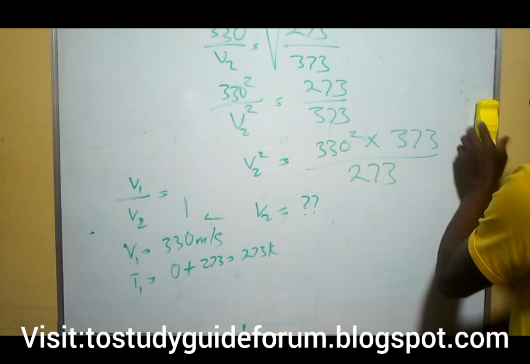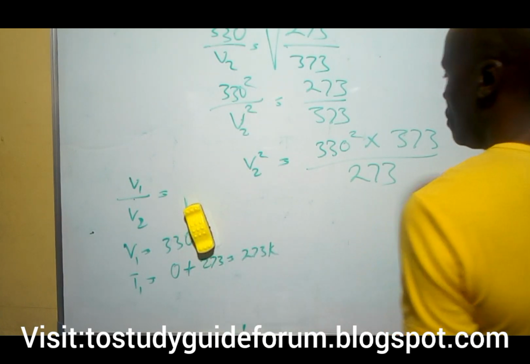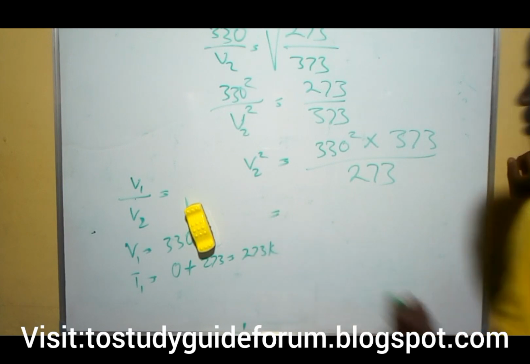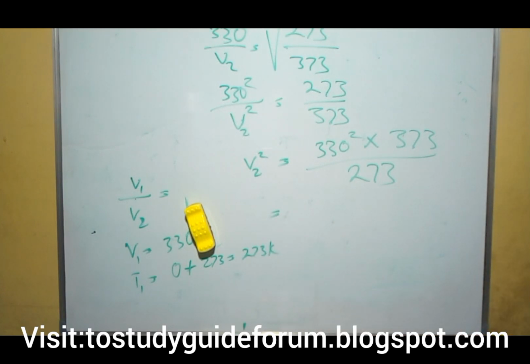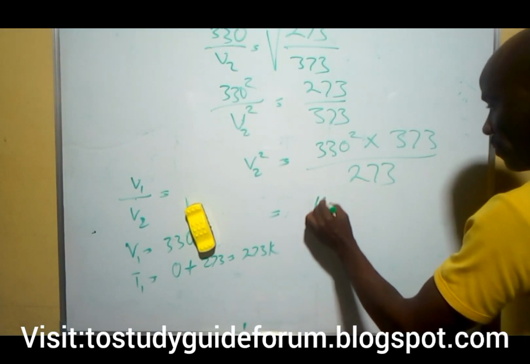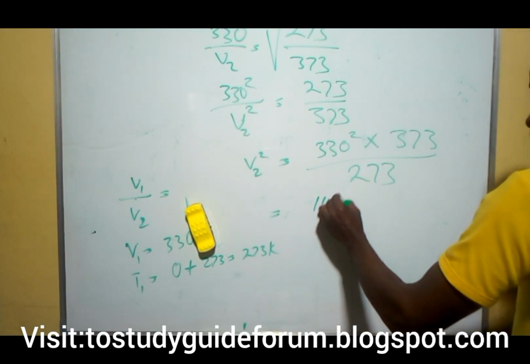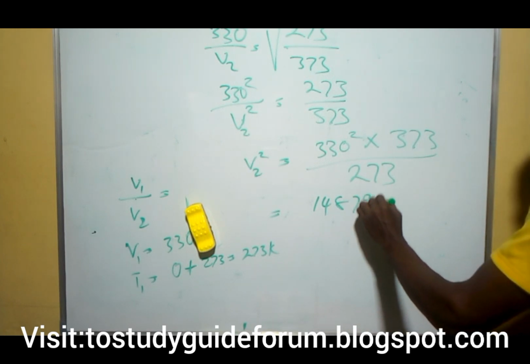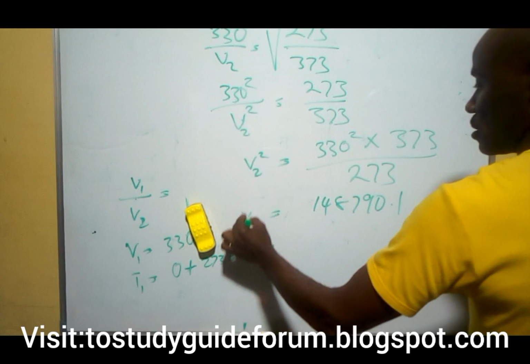So what we have here will be equal to 148,790.1. That is for the V squared.